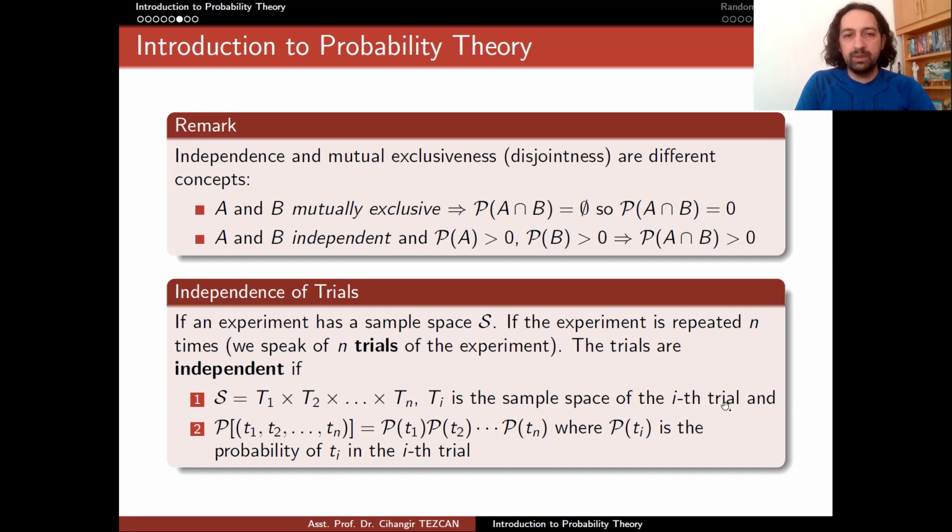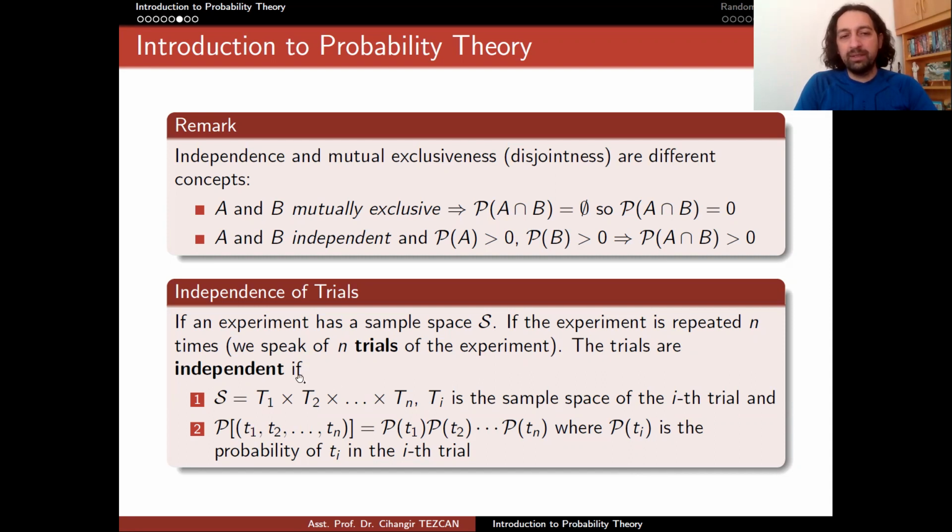But before the example, let me give you the definition of independence of trials. If an experiment has a sample space S, and the experiment is repeated n times, we speak of n trials of the experiment.